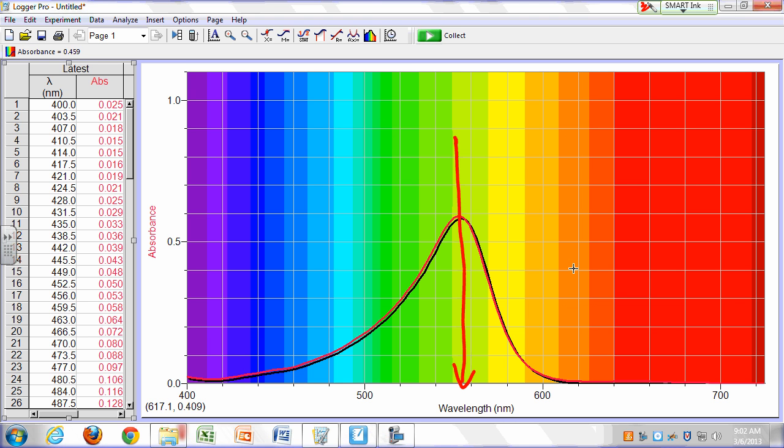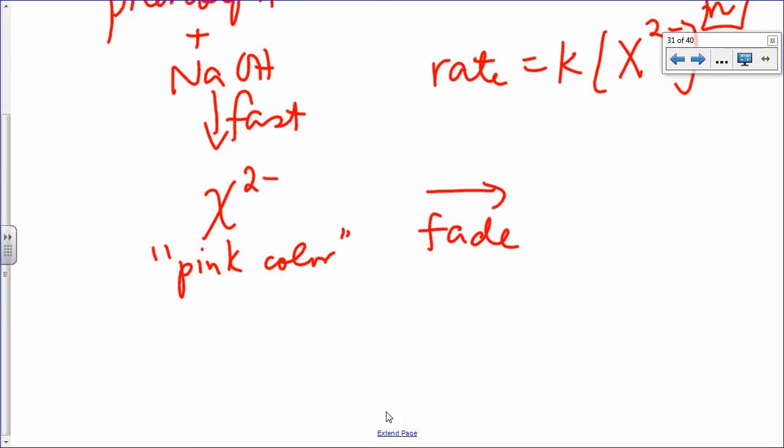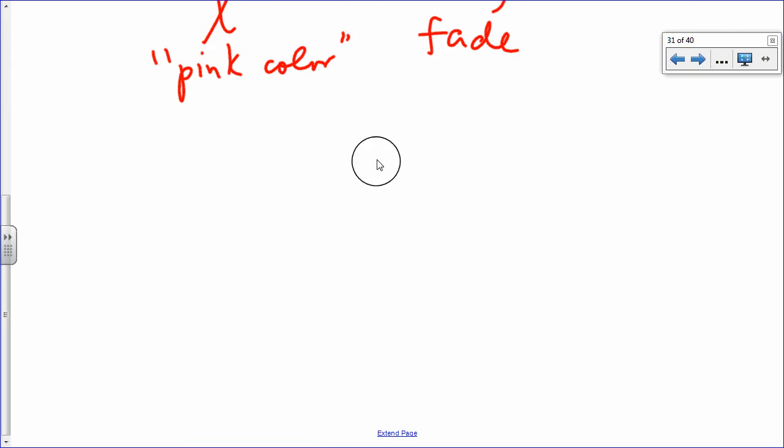You can see your color is still fading. By the way, how do you correlate that with the color of your phenolphthalein? Remember, our phenolphthalein is pink, right? So it's sort of red. Remember your color wheel. Roy G. Biv.